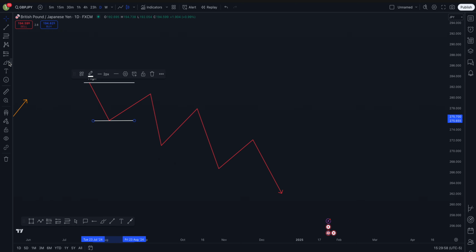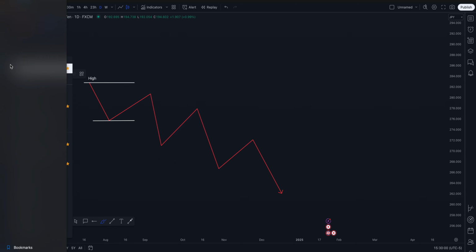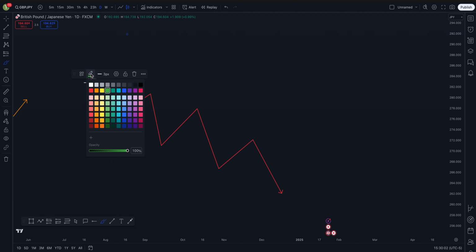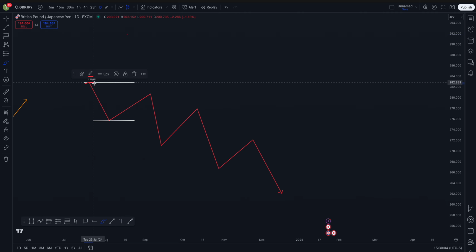This level right here, let's change this to red. So this is the high. So this is what? The low. So price starts here and then it comes down and creates a low.